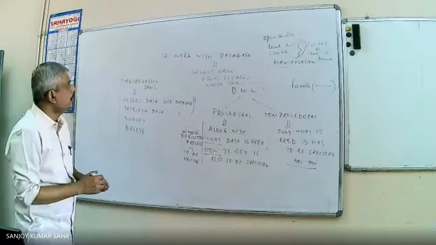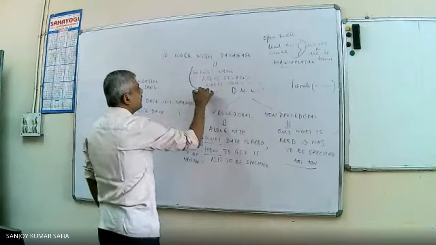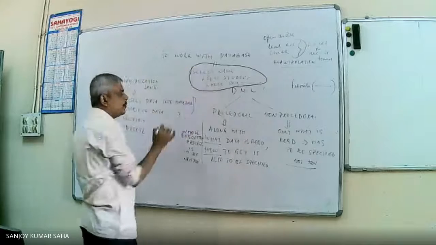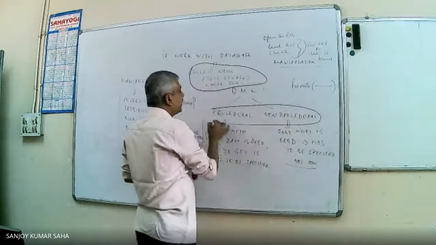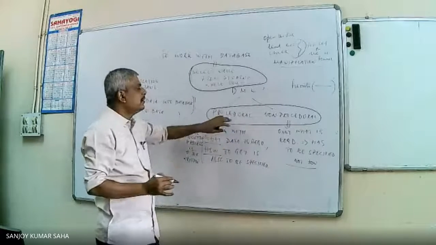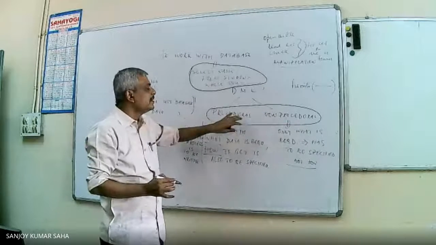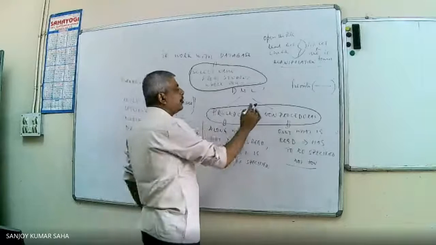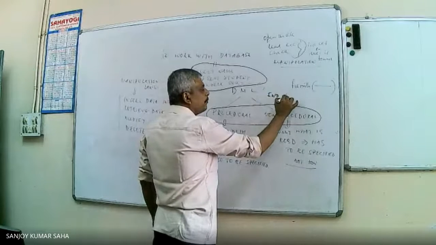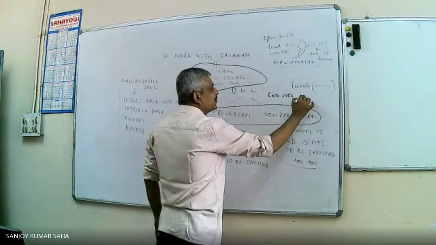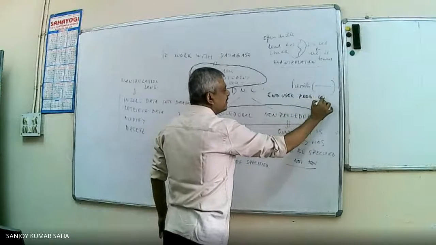So this is the thing that we will be dealing with, that is the non-procedural. So whenever we are comparing the DML part of SQL as non-procedural, then keep in mind the context is that we are comparing with other end user programming language and DML.